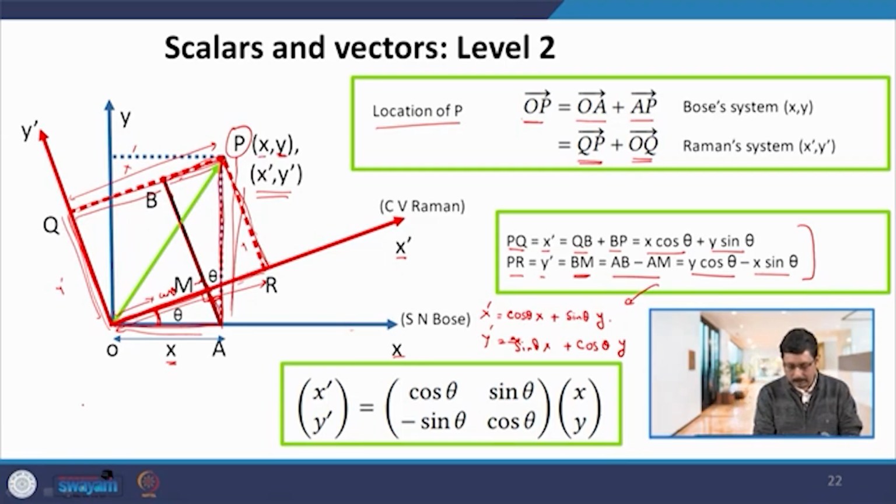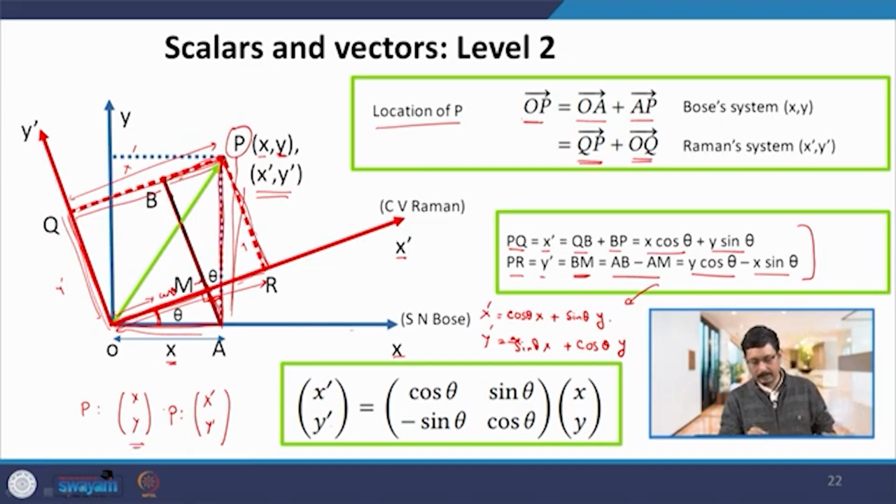So, I will denote the coordinates of point P using a column vector with two components. The top component is x, the bottom component is y, and the same point P can be written as another column vector x prime and y prime.